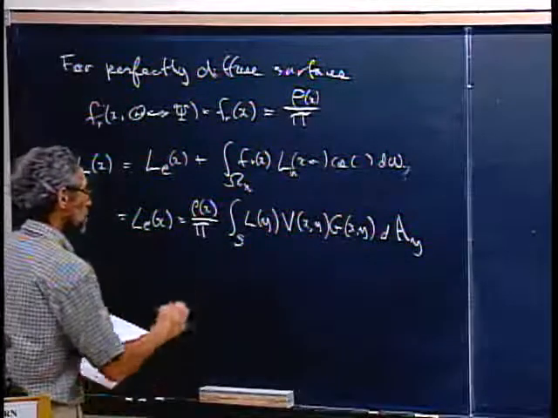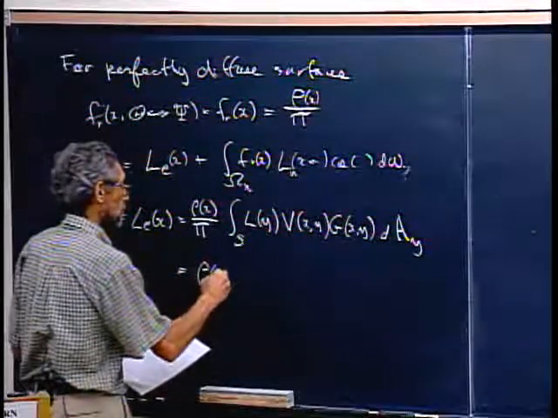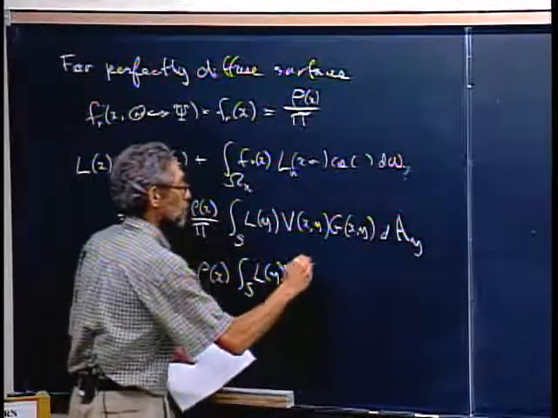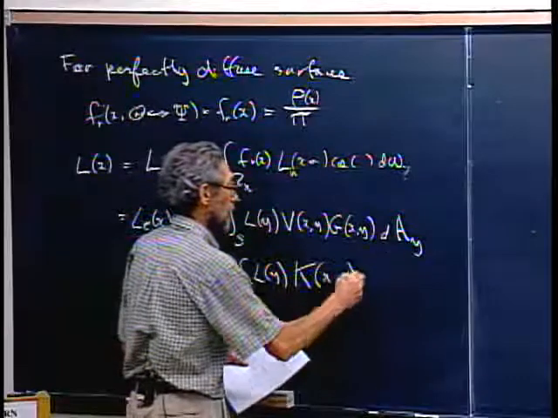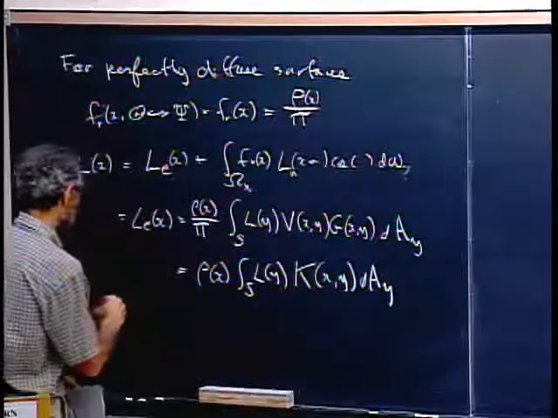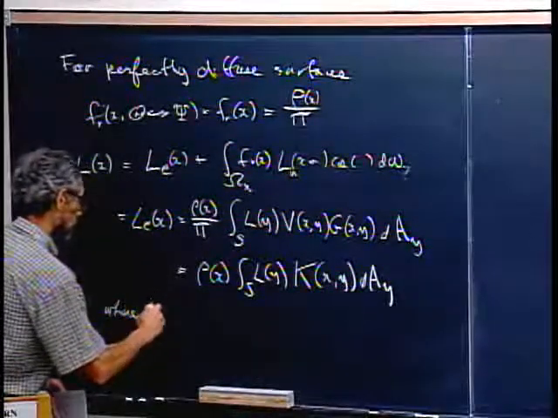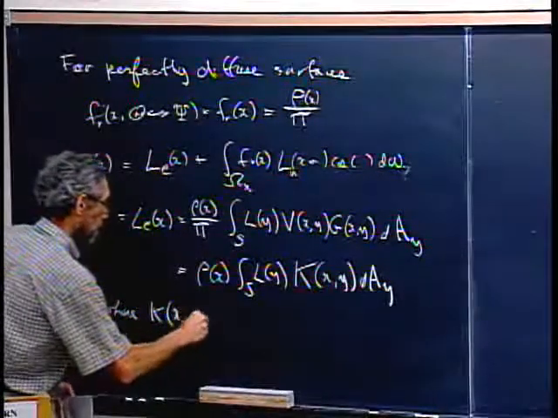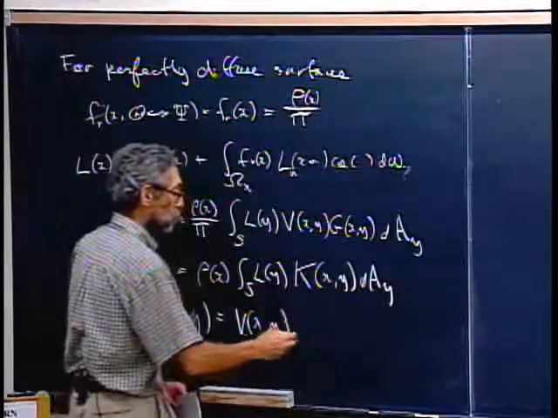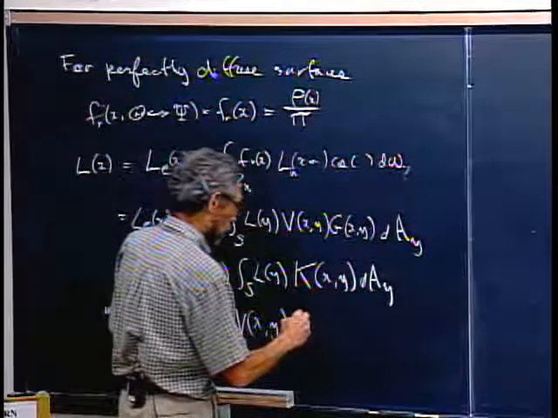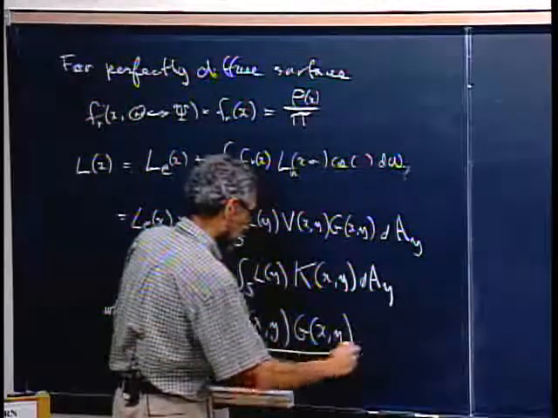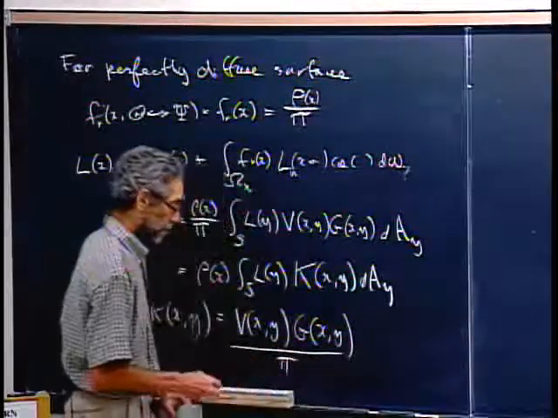And so what I'm going to do is rewrite it as rho of x, the integral over S of L of y, times kernel K(x,y) dA(y), and that K(x,y) has the visibility information, those two cosines in the numerator and the r squared in the denominator, and an extra pi.